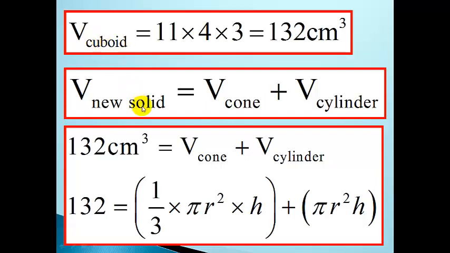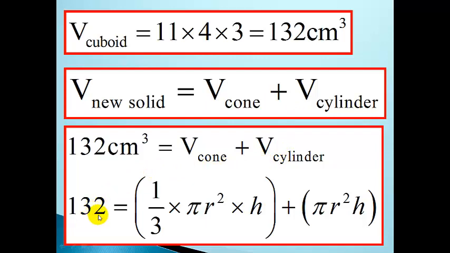That means that none was wasted. It means that the volume of the cuboid will be equal to the volume of the new solid. That is 132. So we have 132 centimeters cube is equal to the volume of the cone plus the volume of the cylinder.